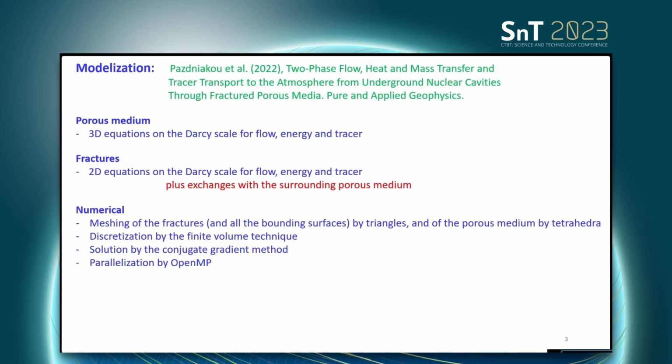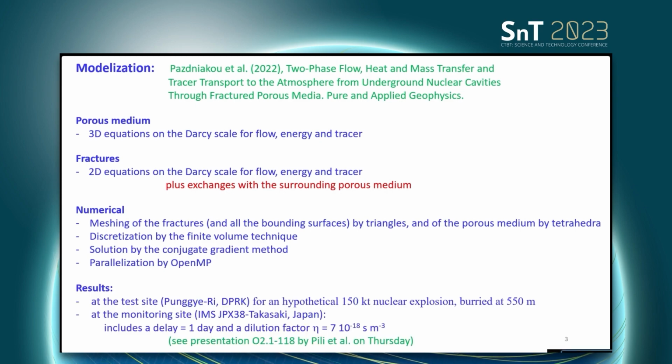Numerically, we mesh the fractures by triangles. We mesh the porous medium by tetrahedra. We discretize the equations by finite volume technique, and we solve the equations by conjugate gradient techniques. Everything is parallelized by OpenMP. We are going to show 2 kinds of results.